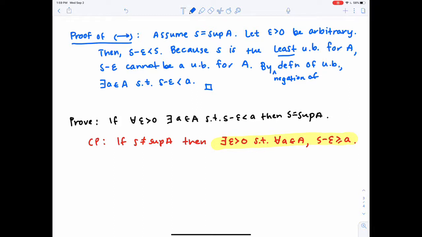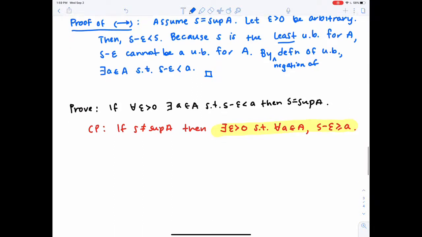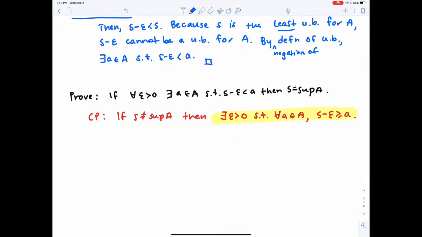So here, if S is not equal to sup A, then I have the negation of this mixed quantified statement. Now make sure that you're negating both quantifiers. It should be there exists such that for all A. And whenever you're proving an implication, you want to be focused on the conclusion and make sure you understand what you're trying to show before you start thinking about how your hypotheses are relevant.